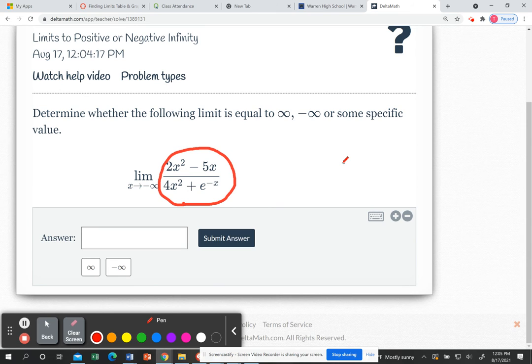Alright, show me your graph once you have this, okay? Anybody, if you have a graph, show it to me.